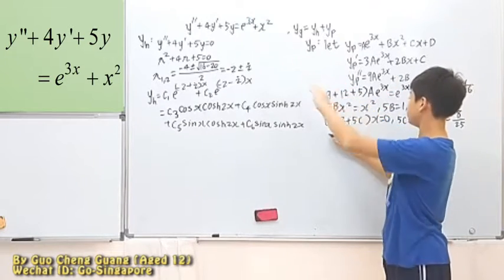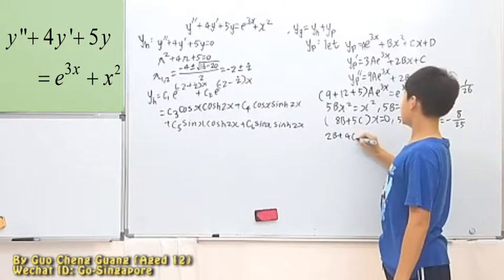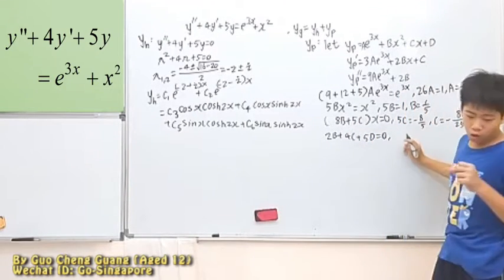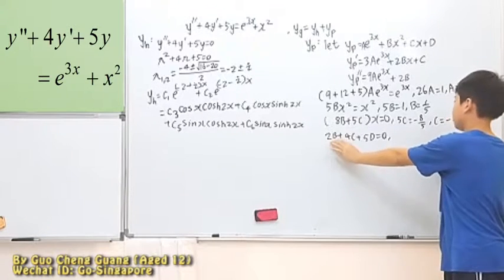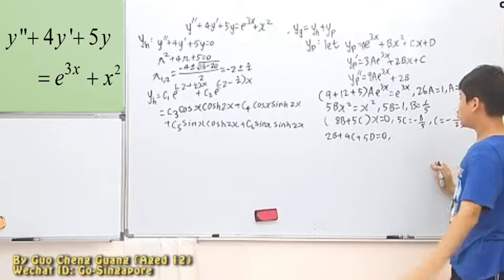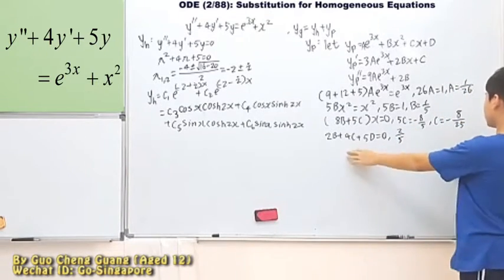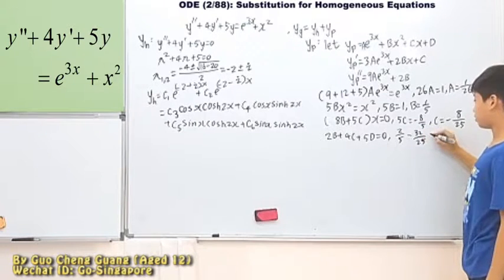Next part, constants. Here, 2b plus 4c plus 5d, and this is 0. 2b is 2 over 5. 4c is negative 32 over 25.